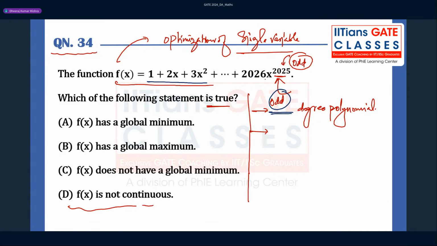Because in the conventional approach, first you have to differentiate, then find the stationary point, then go for the second derivative test, put in the stationary point, and check whether that second derivative is positive or negative. So for this polynomial in the exam, if you follow the conventional approach, life is going to become difficult.